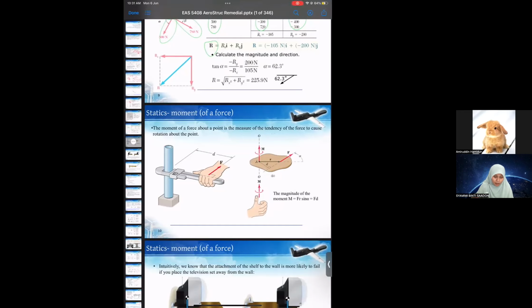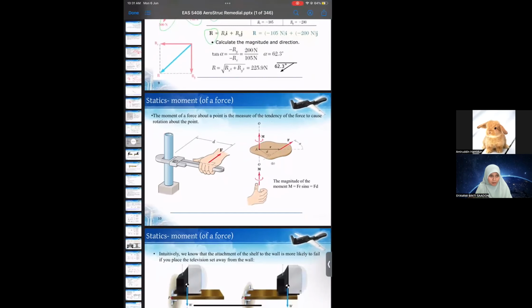Due to the force, it causes movement to the material. This movement is called the moment of the force.